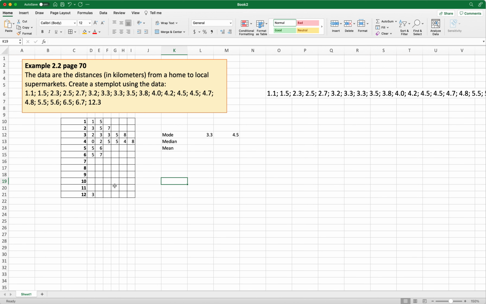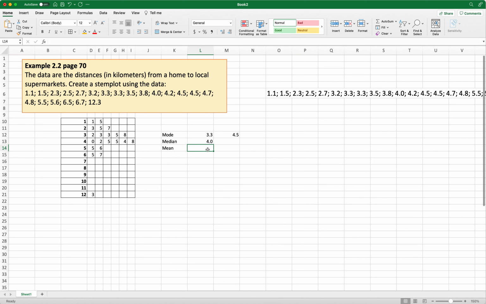If we count 10 from both sides of this, it should work. 1, 2, 3, 4, 5, 6, 7, 8, 9, 10. So 4.0 would be there. Let's count 10 this way: 1, 2, 3, 4, 5, 6, 7, 8, 9, 10. So 4.0 is our median. And let's make it to 1 decimal place since we're doing things to 1 decimal place.